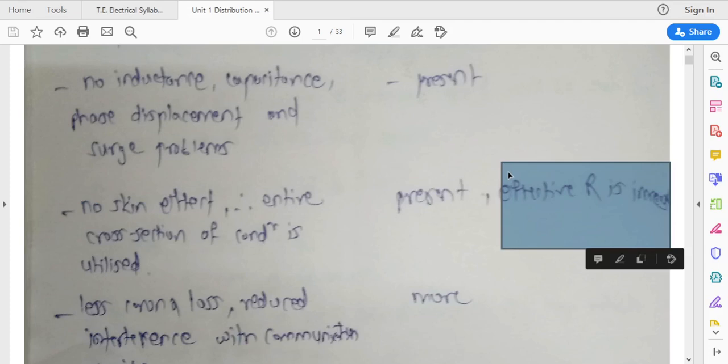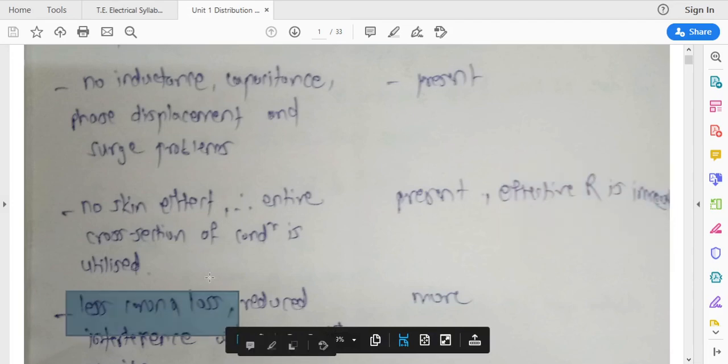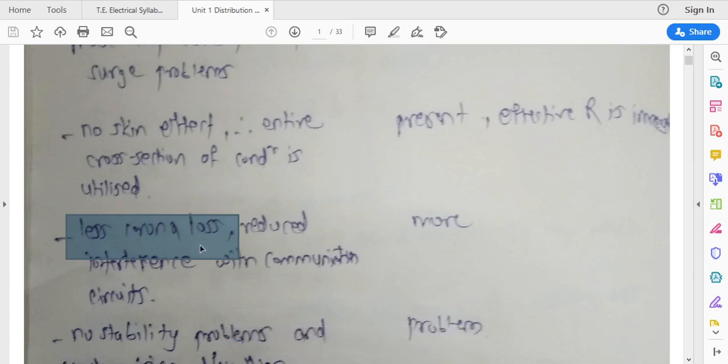So we know that whenever the resistance increases, that is responsible for a decrease in current flow. In the DC transmission, there is less corona loss. This corona and the pandemic corona are different. So this corona loss is minimum.